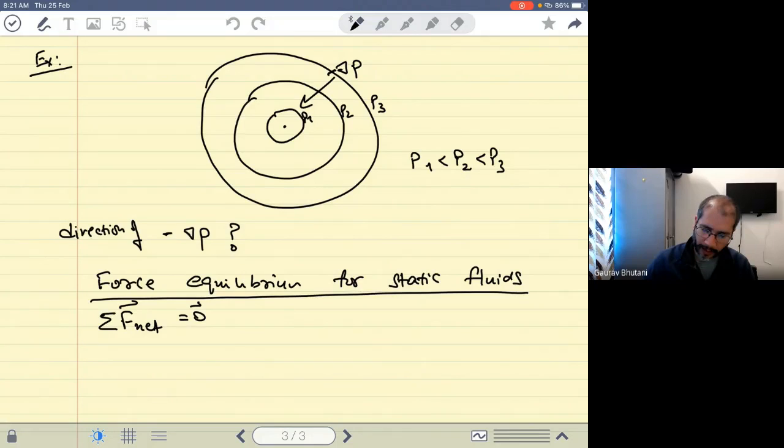So that means in this case we have a pressure force, as we just figured out, and we also know that in this case we have a gravity force. So I'll call it delta F gravity. I'm putting a delta because it's on a small element.